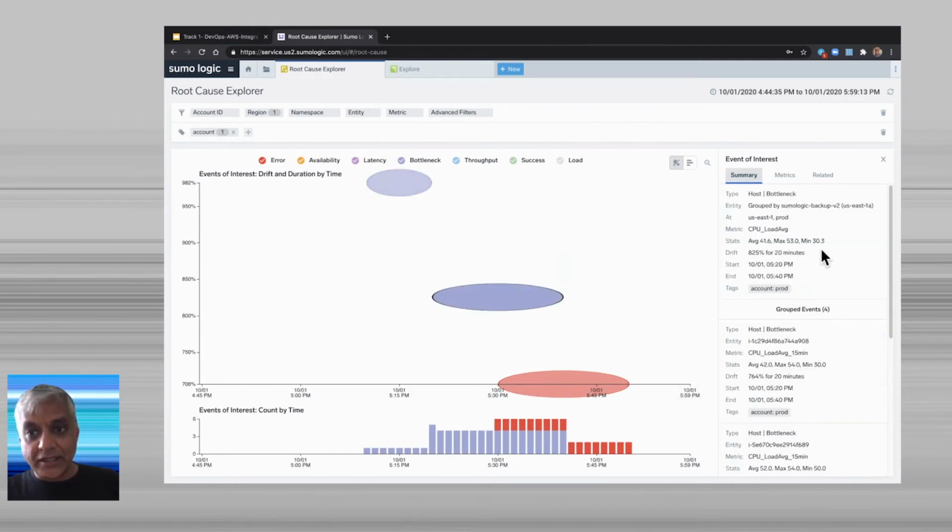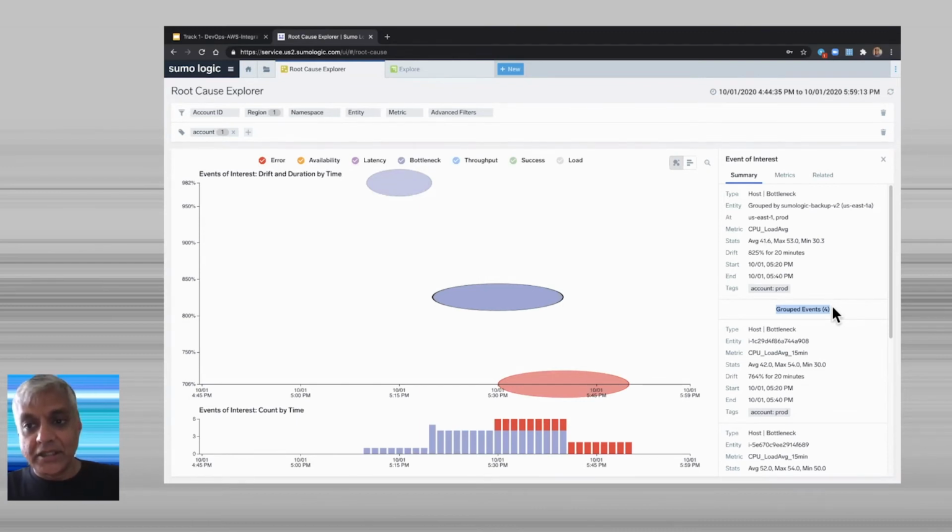Again, these EC2 instances are grouped together. The reason for this is that in the case of Root Cause Explorer, as we talked about before, we leverage the connections between the AWS infrastructure implied by the topology.